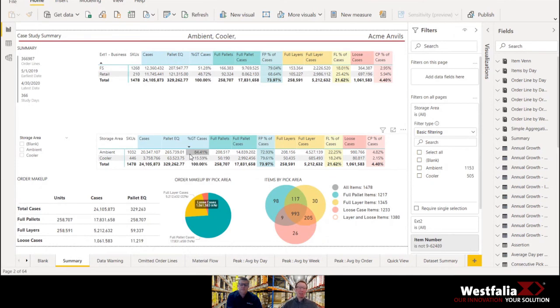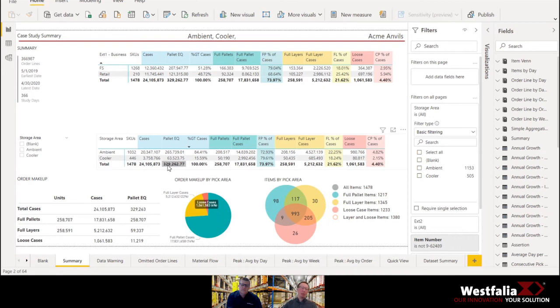So at a glance, this tells me that their ambient dry products definitely are selling at much higher rates than the cooler products. Annually, the whole facility is shipping about 24 million cases, and that's the equivalent of 330,000 pallets. Like you said, an 85, 15 split.